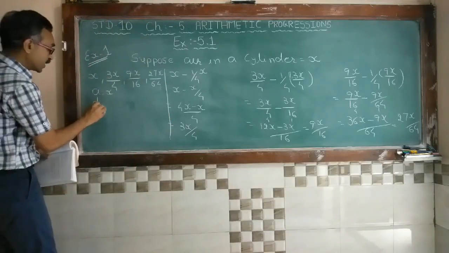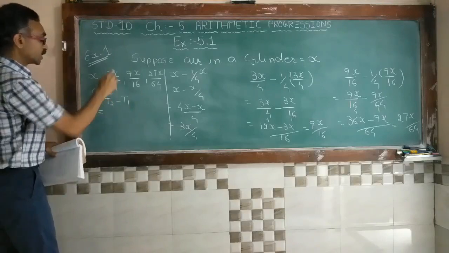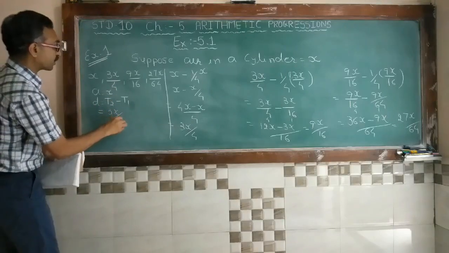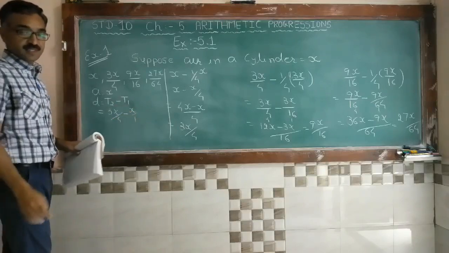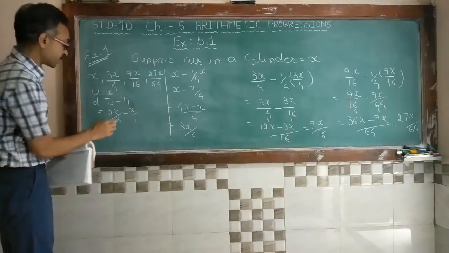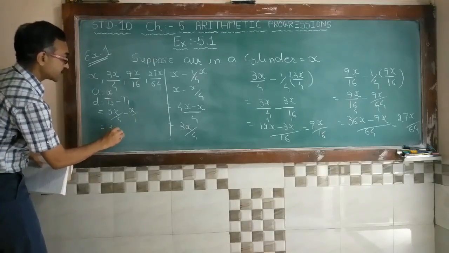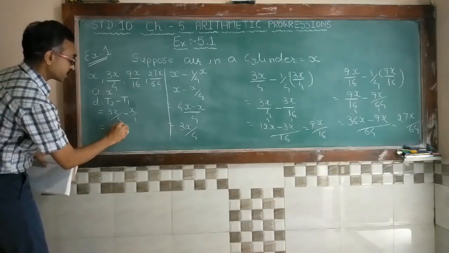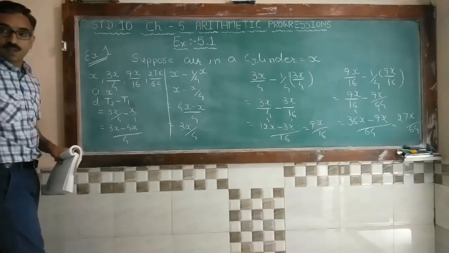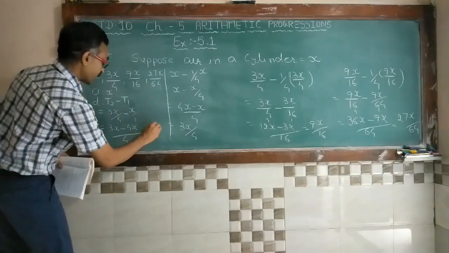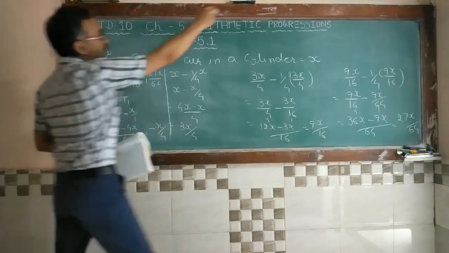Now D is equal to T2 minus T1. T2 is 3x divided by 4 minus x. Nothing is there in the denominator, that means 1 is there. LCM: 3x minus 4x divided by 4. So here minus x by 4. That is D.